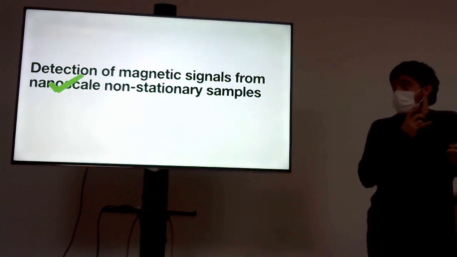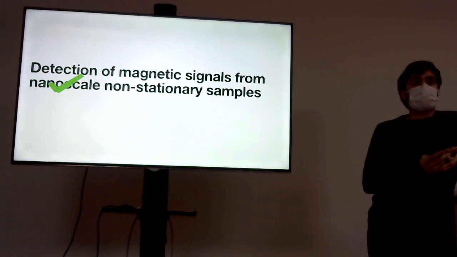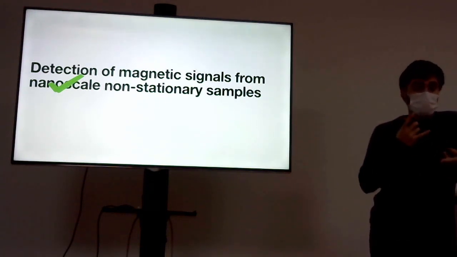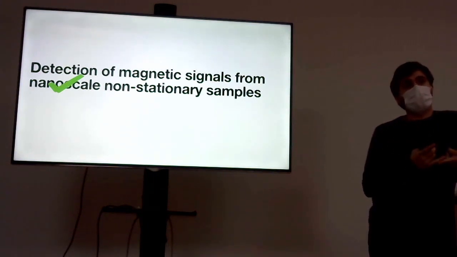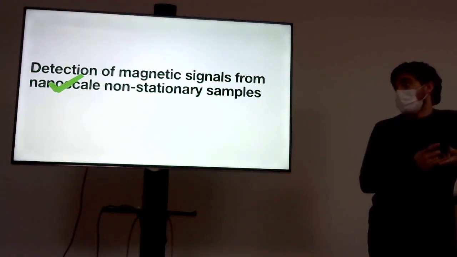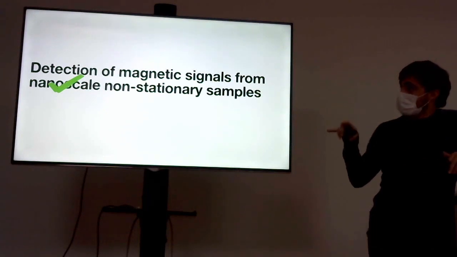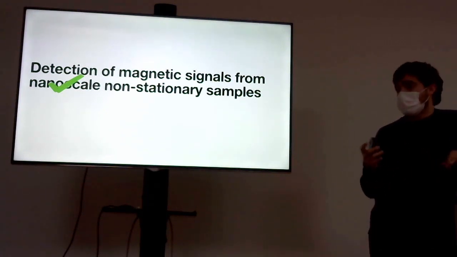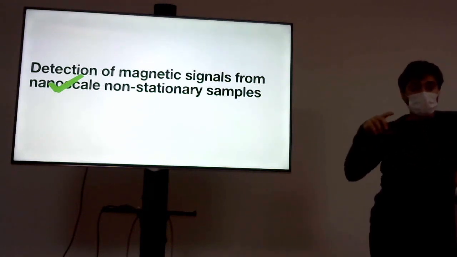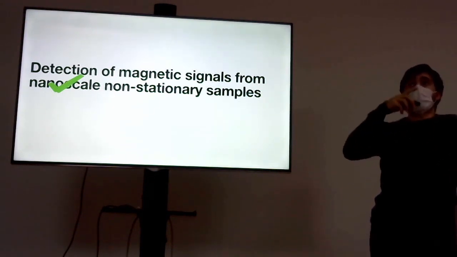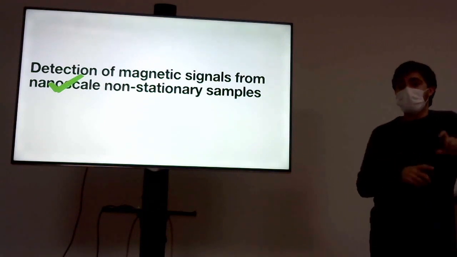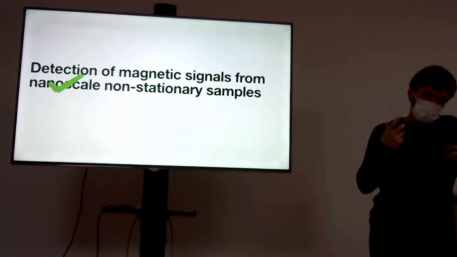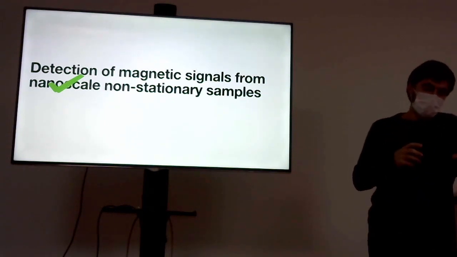What we want to do is to identify that evolution in order to characterize the process that is causing that evolution. Okay? But having a non-stationary sample basically means that the signal that you detect has a time-dependent amplitude. Well, it makes extracting the information a little bit trickier.